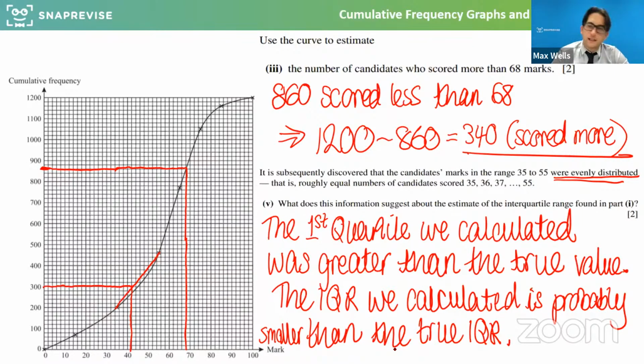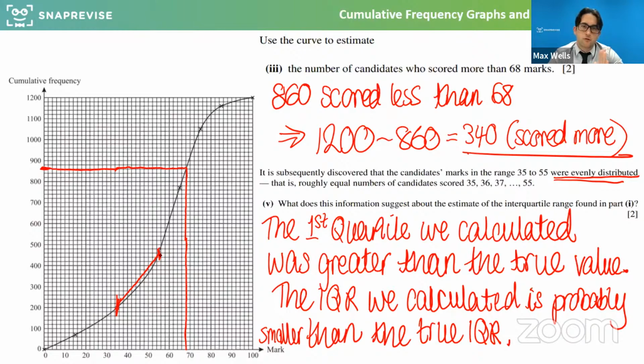So this is a really interesting question to look at, because it does catch people off guard in the exams, in that they're telling you that the shape of the graph is actually not very good for these values. And instead, from here to here, would be modeled better with a straight line. And if we were to now use that line to re-look at what we've calculated, like the interquartile range, we know that we'd hit that line before we hit the curve.